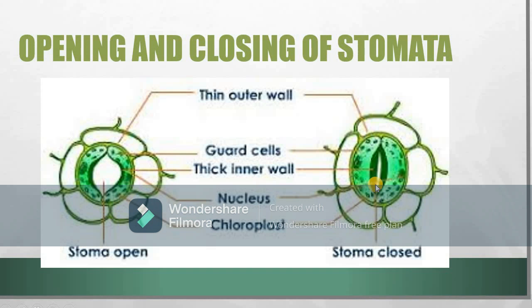So what happens is that when water is present in the plant and transpiration occurs, if there is too much transpiration, the plant may wilt. So to stop the transpiration process, the stomata get closed.